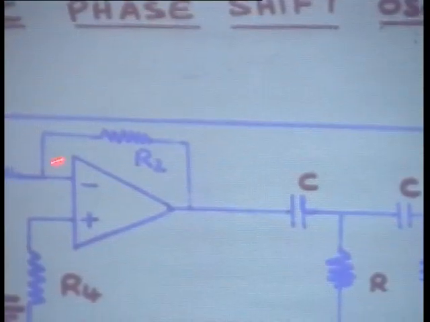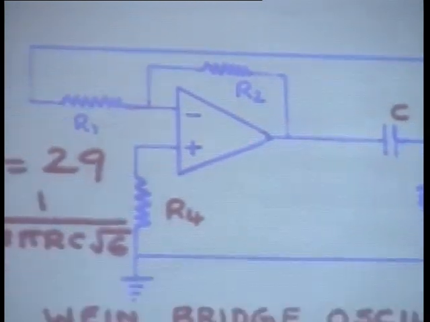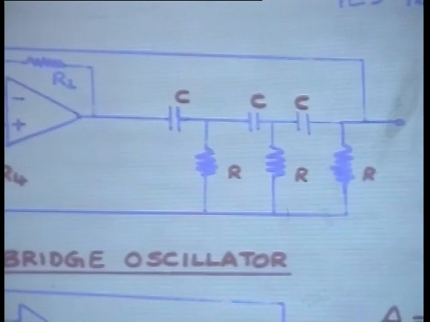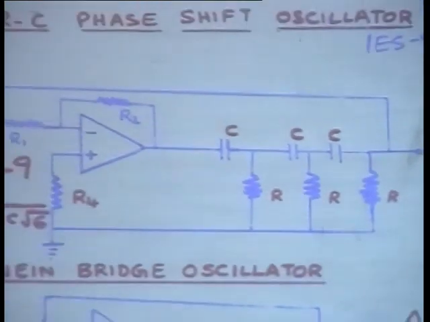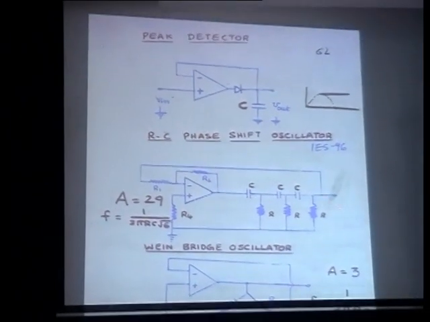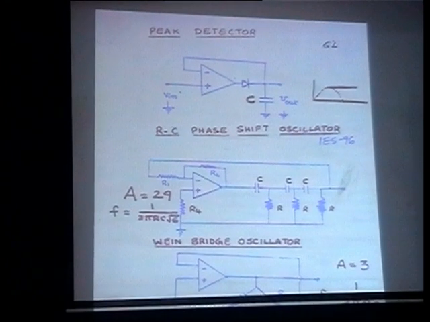And I have 3 RC sections, each section gives 60 degrees, so 3 into 60, 180. So this gives 180 and this gives 180 and total phase shift is 360 degrees, then output and input will be in phase. 360 degrees is same as 0 degrees.